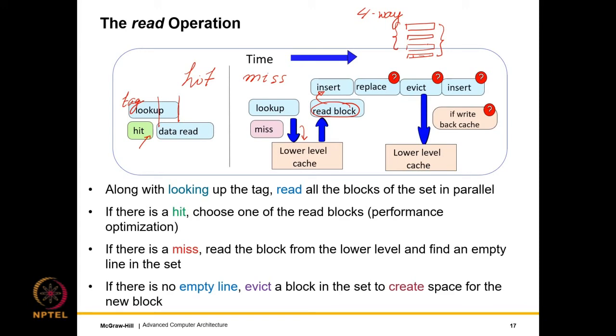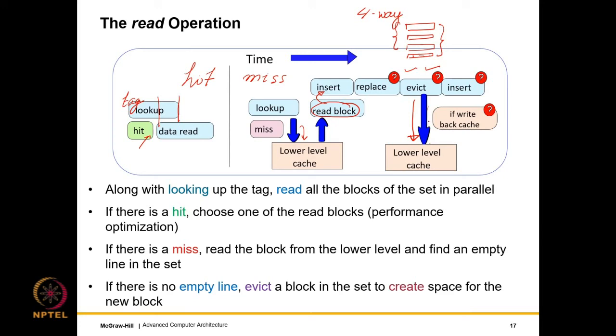So if all the entries are not empty, we need to find a candidate for replacement and evict it, which means write it back to the lower level. I'll discuss what a write back cache is, but the quick idea is that if the block has been written to, if it has been modified, then only is there a need to write the contents to the lower level.